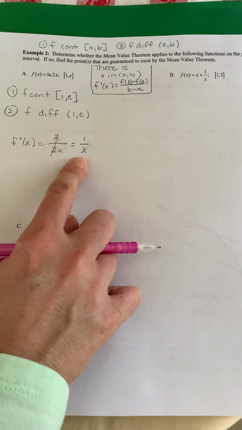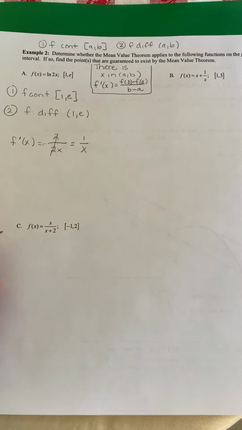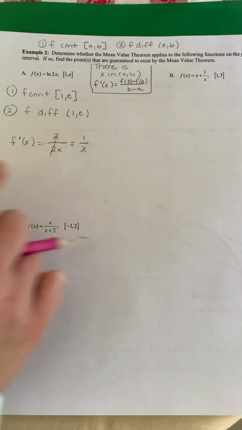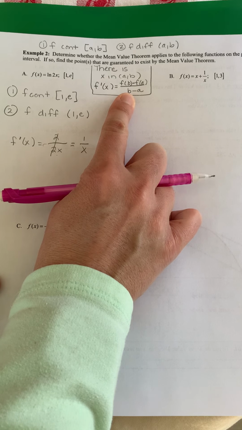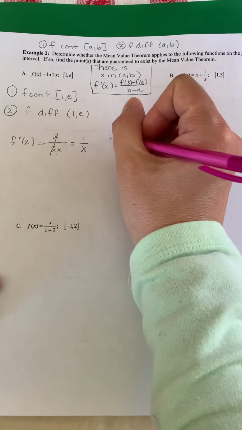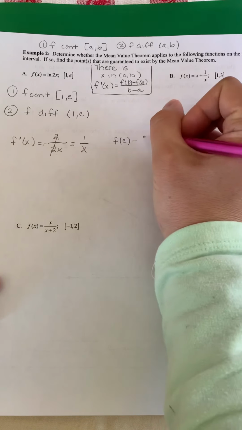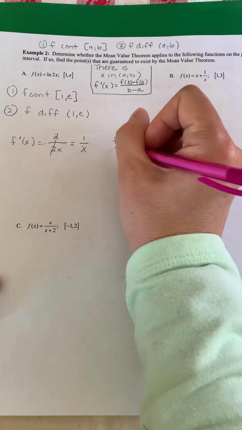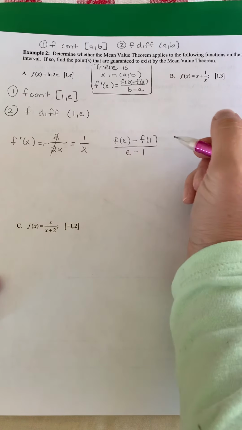We also have the derivative of the function at x here. So now we want to set the derivative equal to the slope of the secant line. So let's go ahead and find the slope of the secant line. We're going to be taking f of e minus f of 1 all over e minus 1.